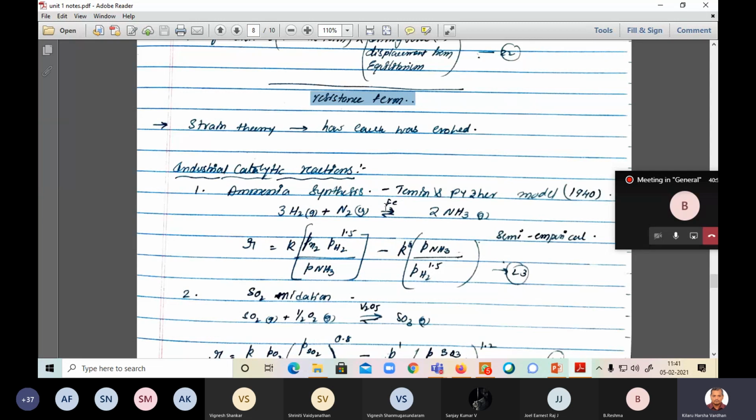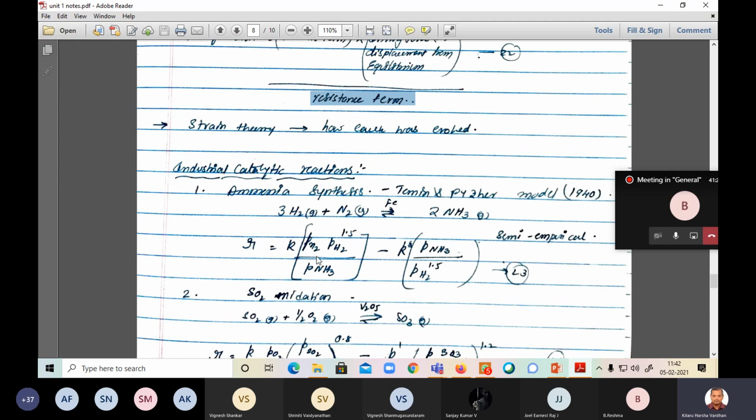So if you do an experiment and find out, the rate will come like this: r equals k times partial pressure of N2, partial pressure of H2 power 1.5, divided by partial pressure of NH3, minus k' partial pressure of NH3 divided by partial pressure of H2 power 1.5. This is a highly non-elementary reaction, because this is how you get the non-elementary reaction rate.